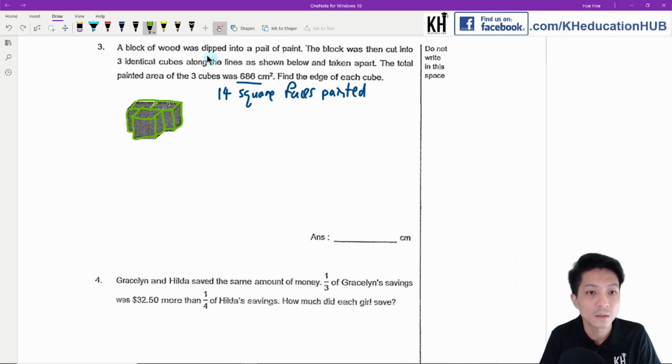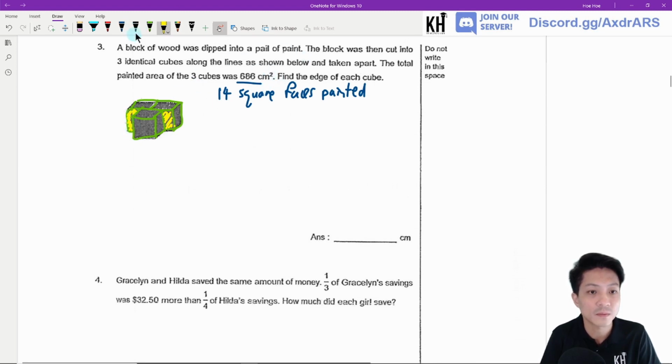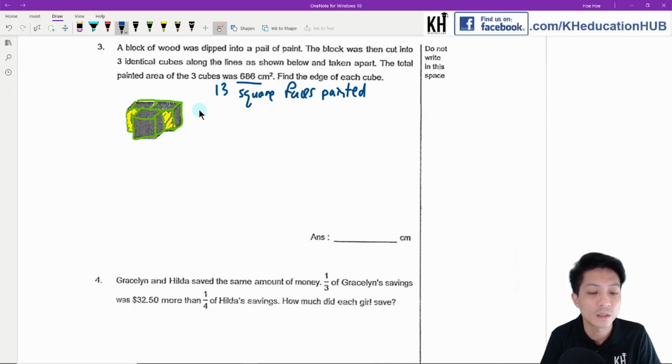Use another color. This part here plus this part here is equal to 1 square painted face. Let me double check. 1, 2, 3, 4, 5, 6, 7, 8, plus another 1, 2, 3, 4, 5 is 13. One, 2, 3, 4, 5, 6, 7, 8. Oh, there's one more. So it's 14. Yep.